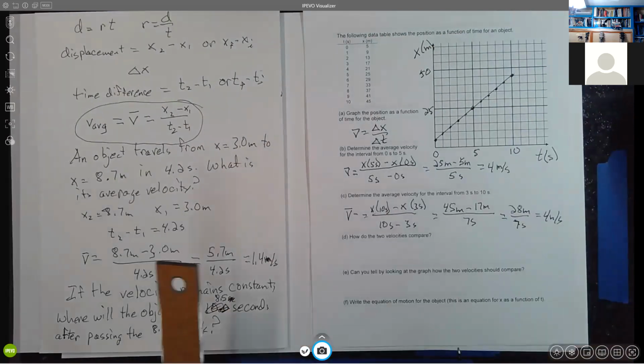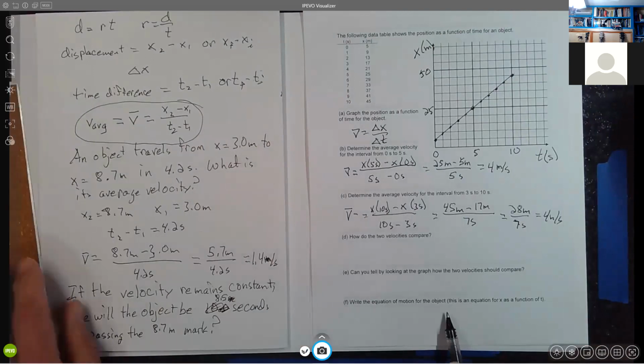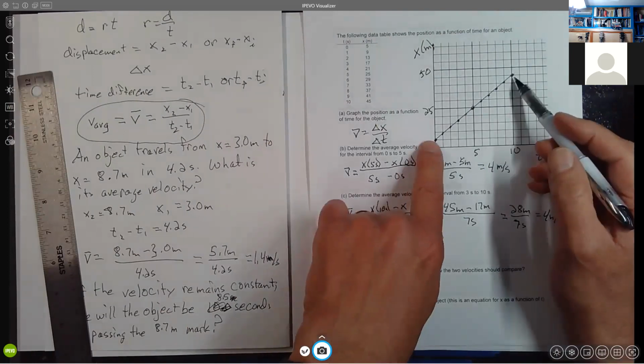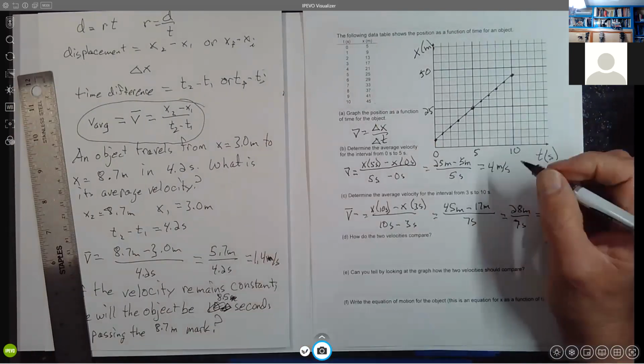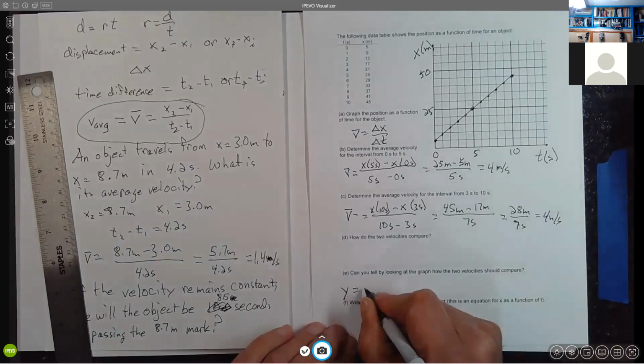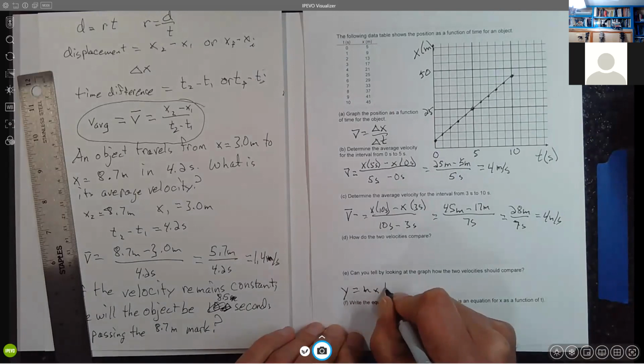Now, this asks me to write an equation of motion for the object, and that's an equation of x as a function of t. It turns out that equation of motion will be the equation of this straight line. Now, you're probably familiar with straight lines that look like y equals mx plus b.